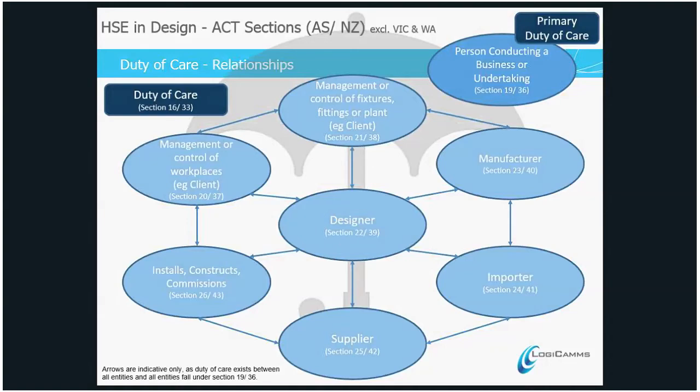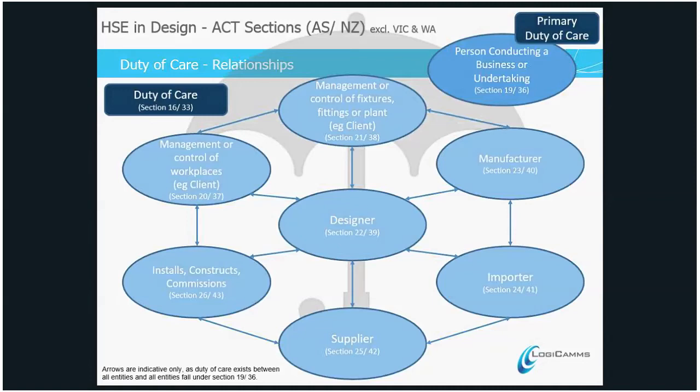The model has been quite prescriptive in the way it's been developed and set up, in that there are a number of other sections within the Act that talk about the responsibilities of those who manage and control workplaces, like clients, and those that are in the management or control of fixtures, fittings and plant.